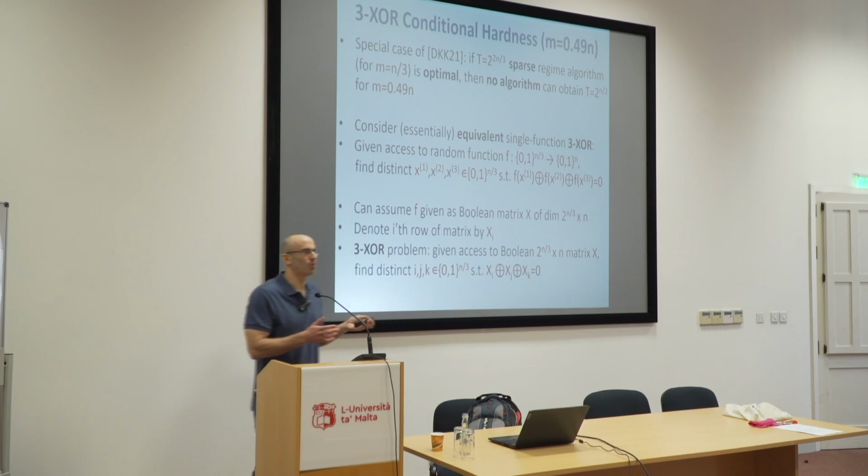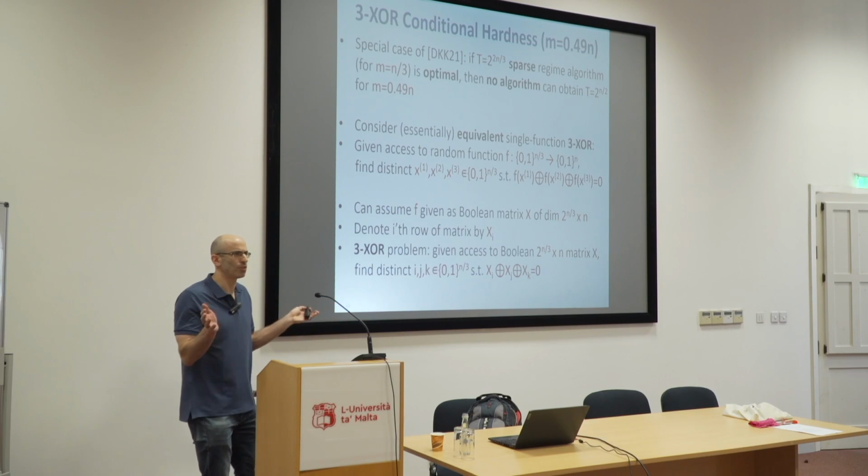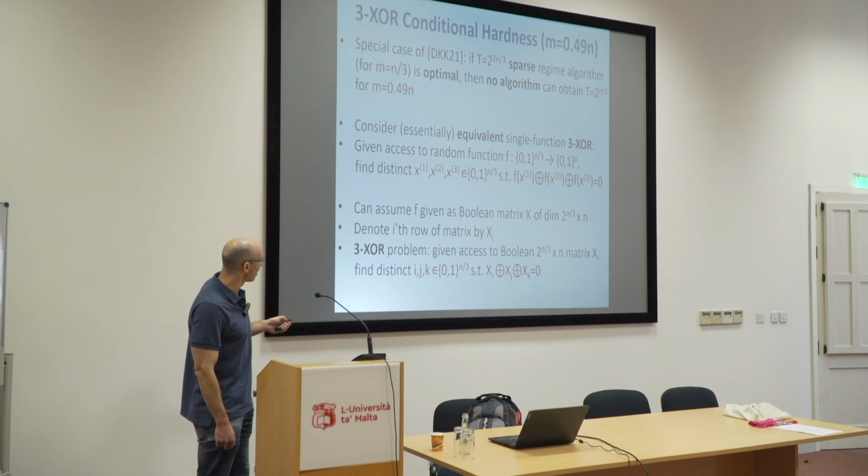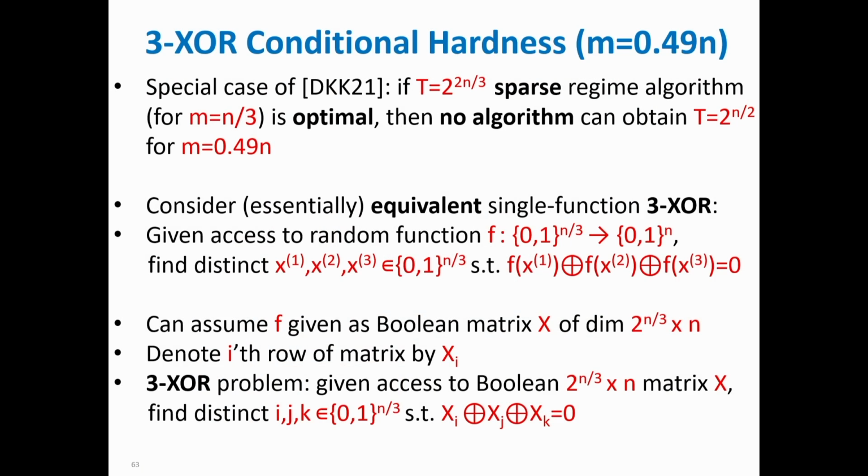Now the k-XOR problem is as follows. It's an equivalent formulation. We're given access to some Boolean matrix of dimensions 2 to the n over 3 times n, which we're going to denote by X. The goal is to find 3 distinct rows i, j, and k of the matrix, such that the row vectors of length n bits sum to 0: xi XOR xj XOR xk is equal to 0.